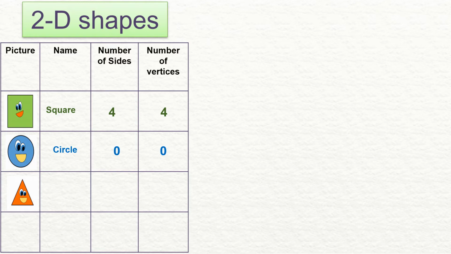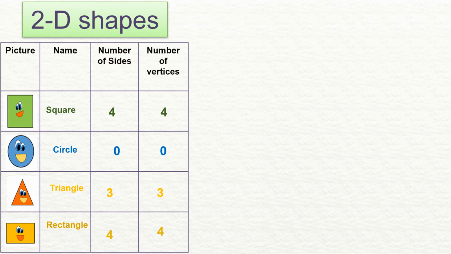Then we have triangle. How many sides? 3 sides. And how many vertices? 3 vertices. And the last shape is rectangle. How many sides? 1, 2, 3, 4. 4 sides. And how many vertices? Also 4 vertices.